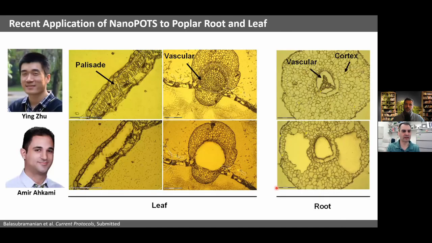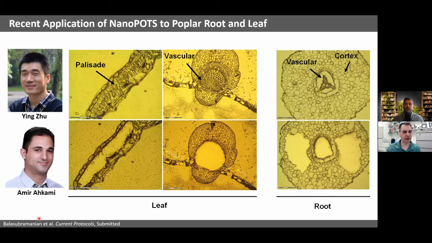More recently, Amir Akami and Ying Zhu at PNNL are applying this general workflow to poplar root and leaf, looking at spatially resolved proteome coverage in poplar, depending on various growth conditions, drought, salinity, things like that.